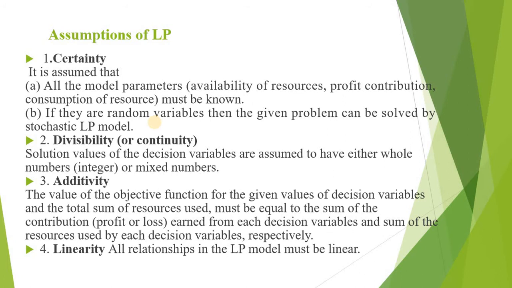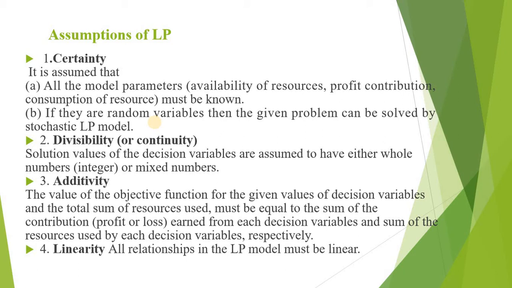There are certain assumptions that have been made, such as certainty. It is assumed that all the model's parameters must be known. If they are random variables, then we solve the problem using a stochastic LP model. Then divisibility: the values of the decision variables are assumed to be either whole numbers or mixed numbers.